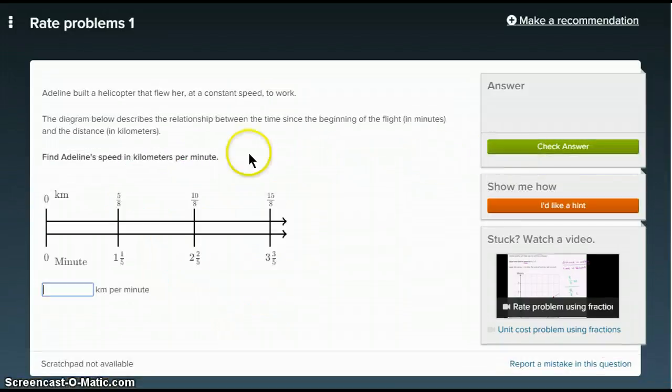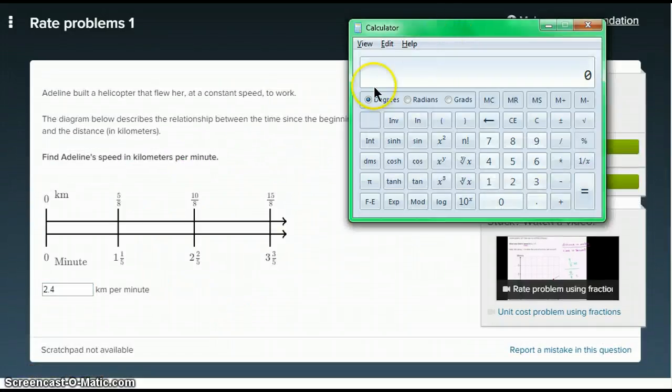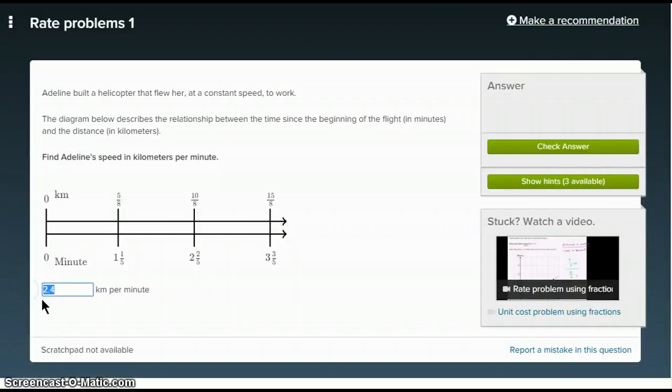All right, like that. With this example, we will be doing the slope formula. Basically, you want to find Adeline's speed. She's flying in a helicopter, and it has how far she's gone on top compared to the time that she's traveled on the bottom. So in order to find the answer for this one, we do the slope formula.